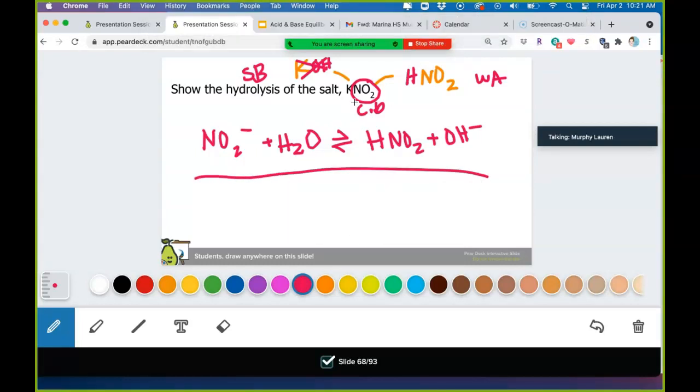So the conjugate acts like a base with water, undergoes hydrolysis, and this is what our products are. How we doing? Is this okay so far? Okay.